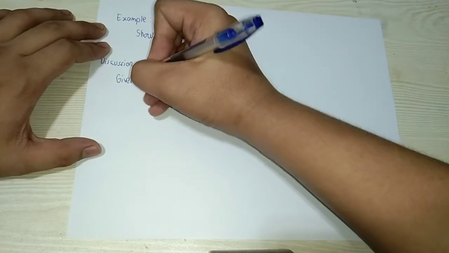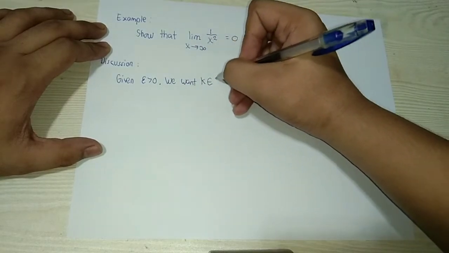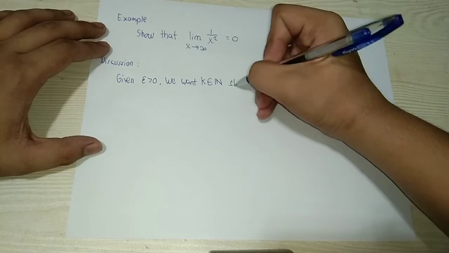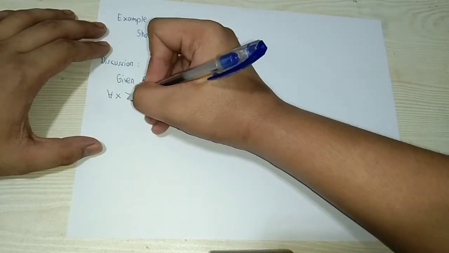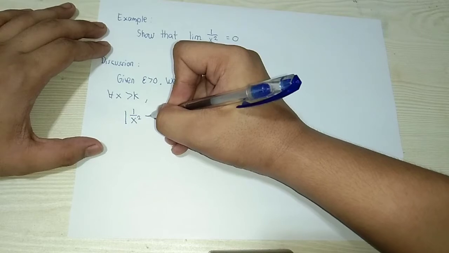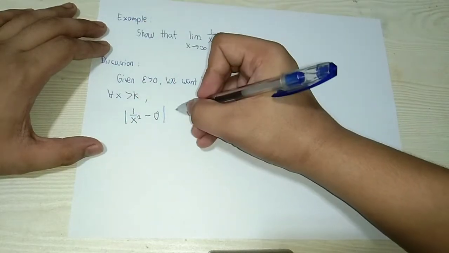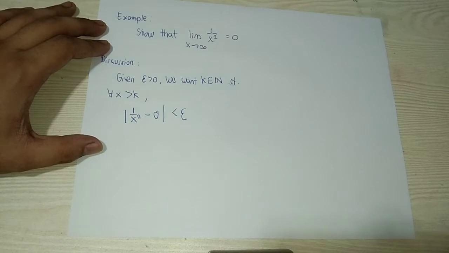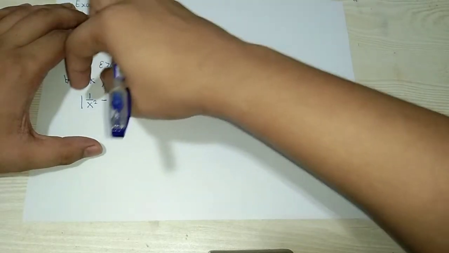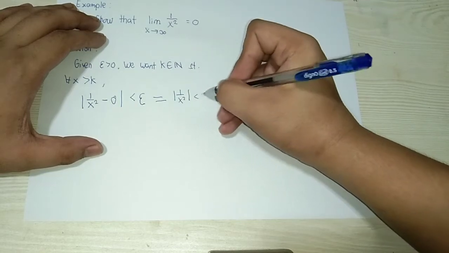So, given positive epsilon, we want, take note that k is a natural number, such that for all x, as in our definition, the absolute value of 1 over x squared minus our L, which here should be 0, should be less than epsilon so we can get the limit. So here we get the idea. The absolute value of 1 over x squared minus 0 is the same as the absolute value of 1 over x squared, less than epsilon.